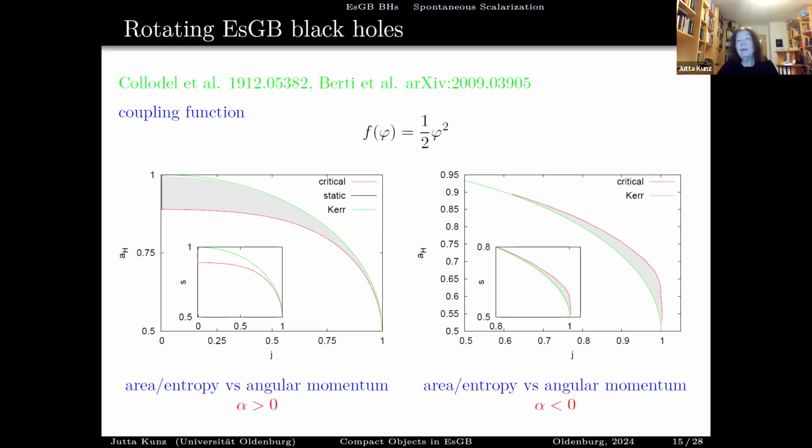No. I mean, one has to really look at the various cases, and I think also the entropy hasn't been studied for too many of these coupling functions. When you look at the dilatonic coupling function, then the entropy is always larger.